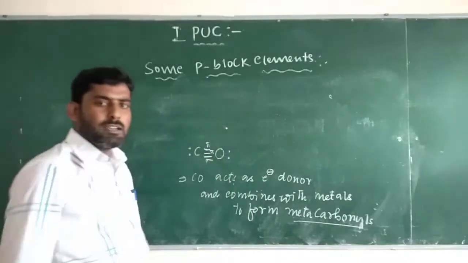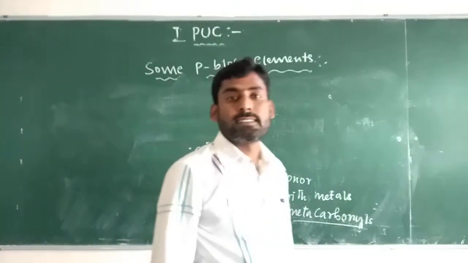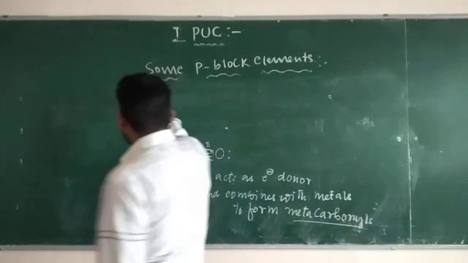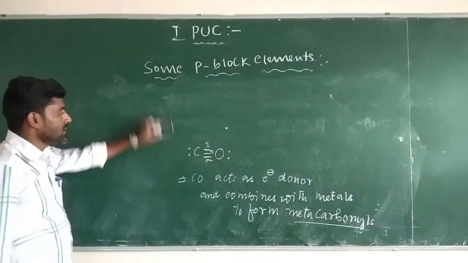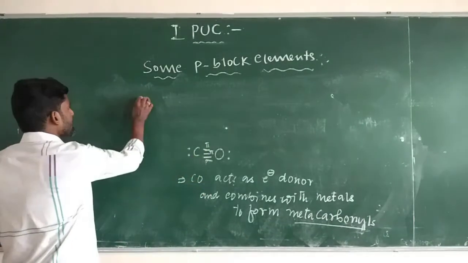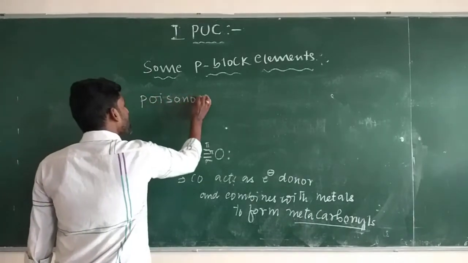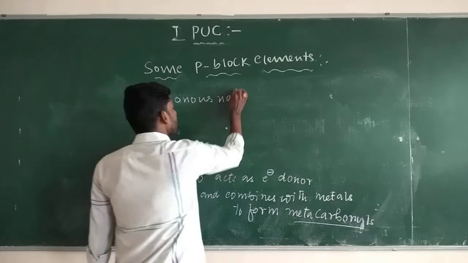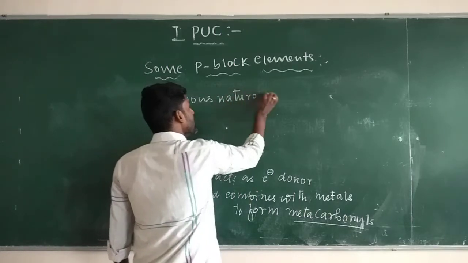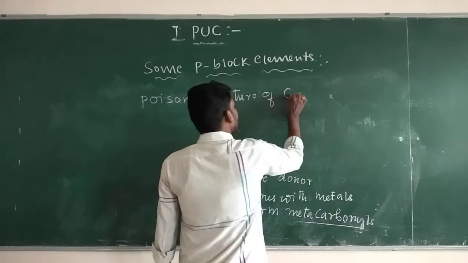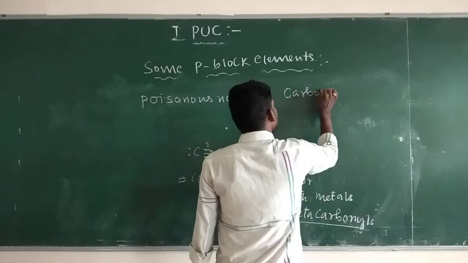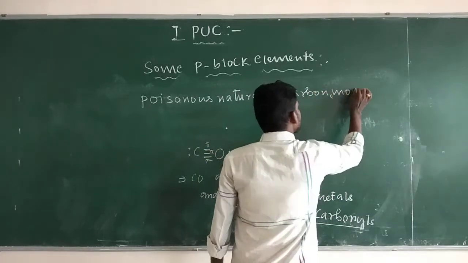Carbon monoxide is a highly poisonous gas. The poisonous nature of carbon monoxide can be explained as follows.